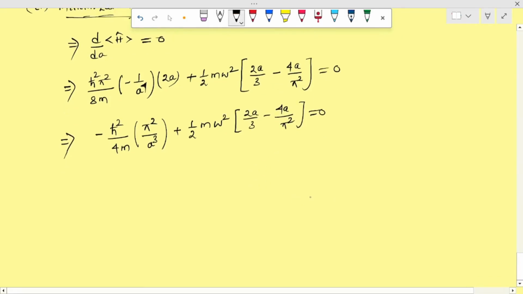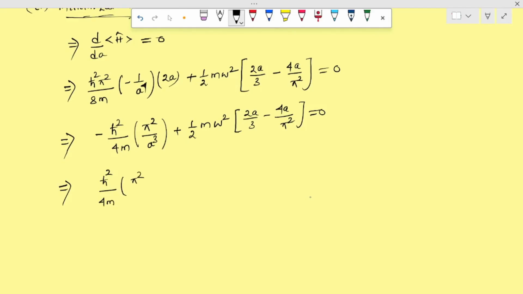Here you can omit all the steps and write the final answer, but here I'm writing all the steps. You just write in your note ħ² by 4m, π² by a³. This term, if it moves to this side, the minus will be cancelled. It will be equal to half mω² times 2a by 3 minus 4a by π². Clearly write, this is equation 3.